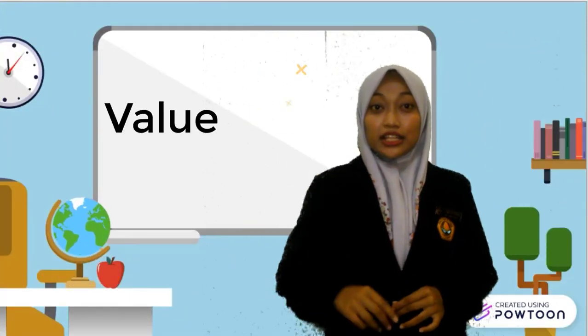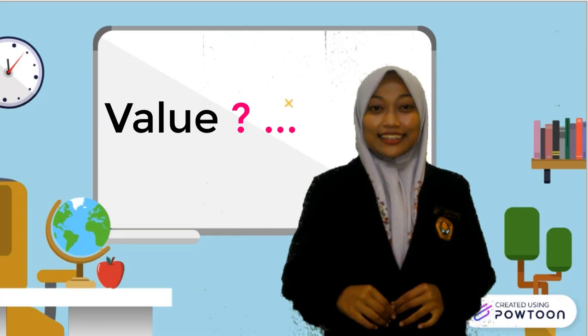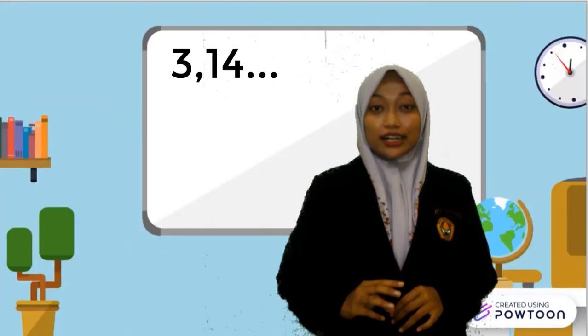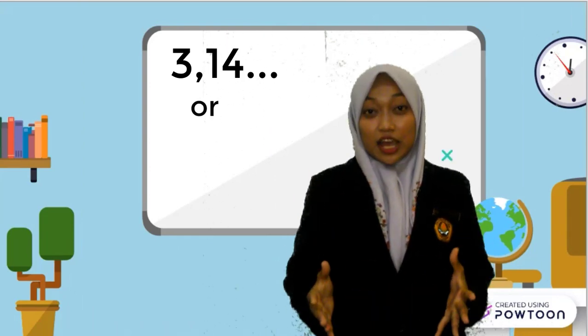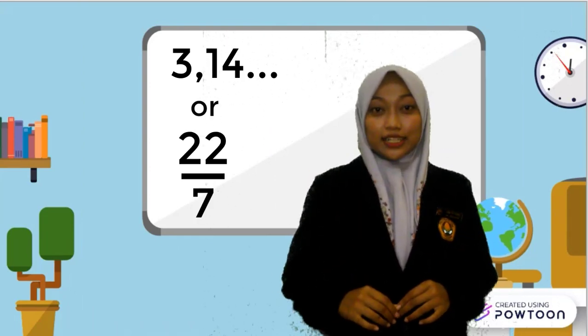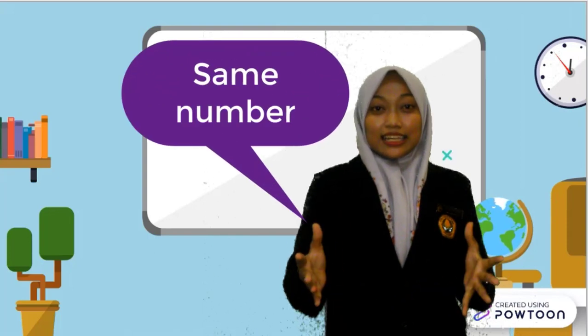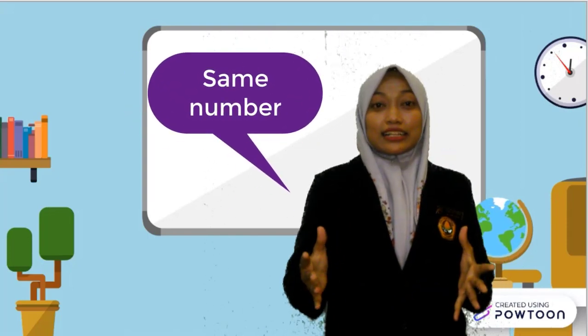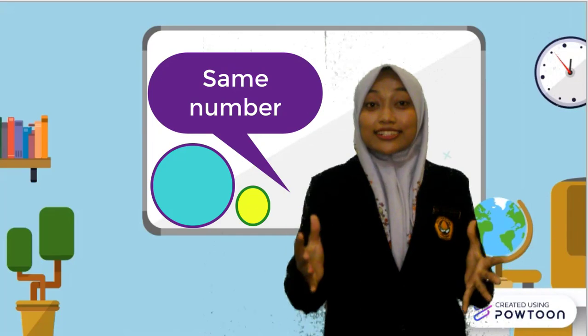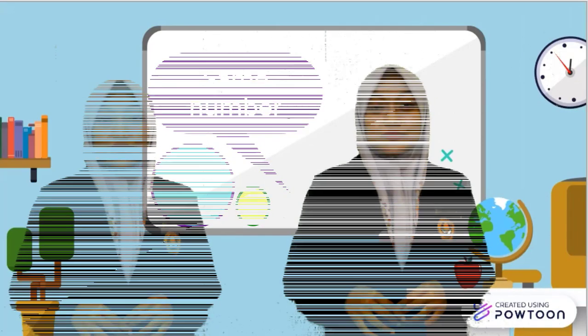But what number is it? What's the value of pi? Yes, you're right. The value is about 3.14, and we can also write it as 22 over 7. It's the same number for any circle, no matter how small or large the circle is.